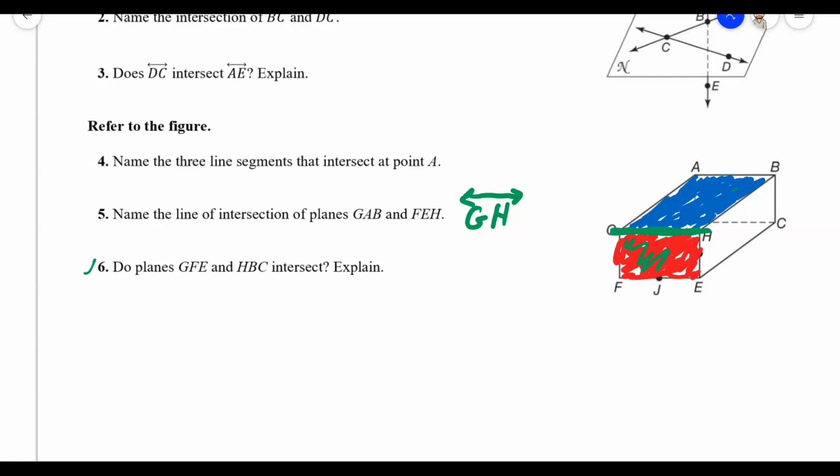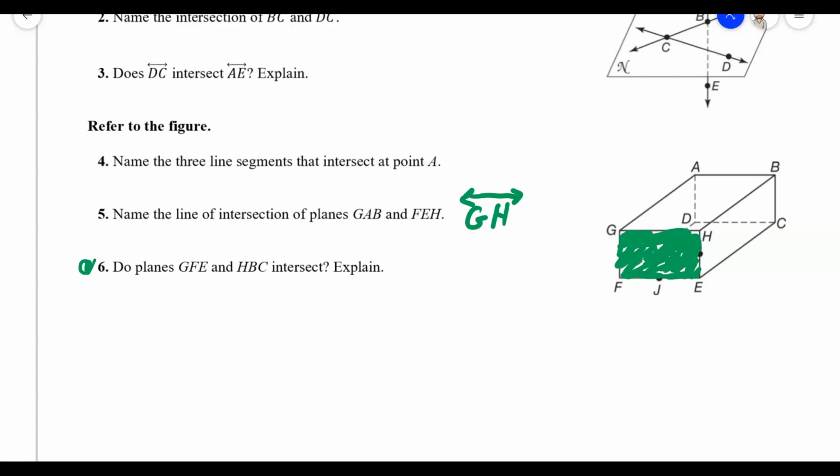All right, let's try this one on our own. Do the planes GFE. I'll try to color them and then I'll let you answer it in your Ed puzzle. Do the planes GFE. So where's GF to E? Same plane that we just colored in. That's GFE. It's the same as FEH. We just use G to label it instead.